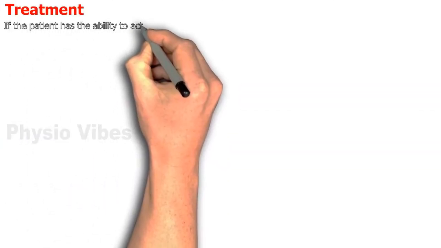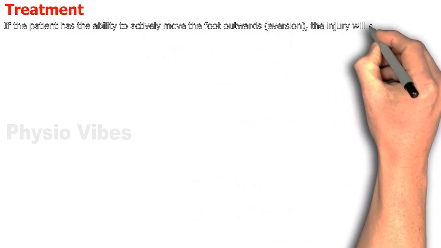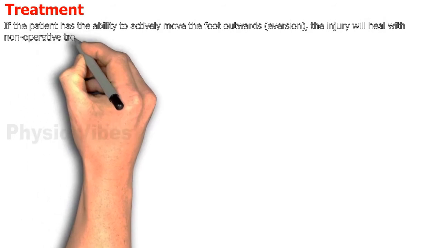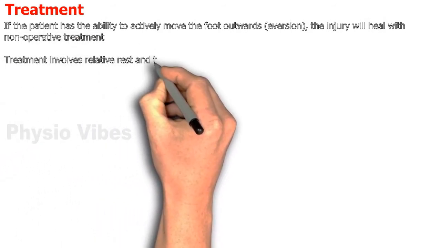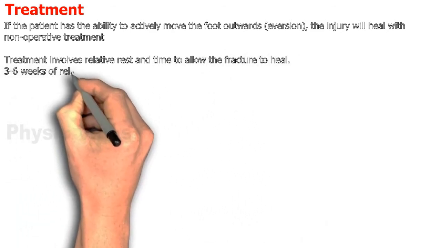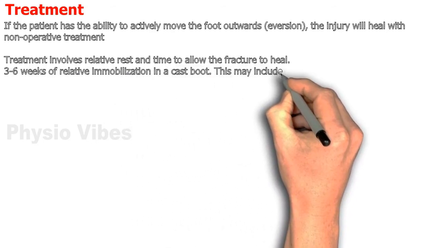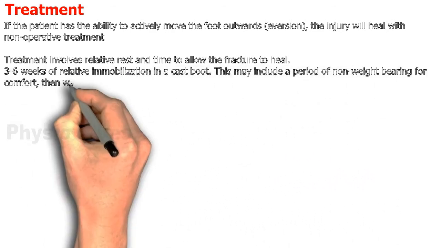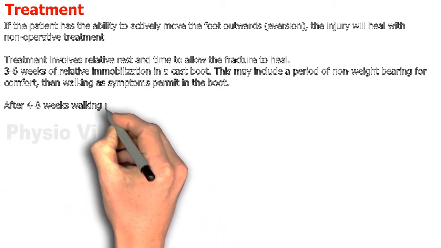Treatment. If the patient has the ability to actively move the foot outwards, eversion, the injury will heal with non-operative treatment. Treatment involves relative rest and time to allow the fracture to heal. This means 3-6 weeks of relative immobilization in a cast boot. This may include a period of non-weight bearing for comfort, then walking as symptoms permit in the boot.